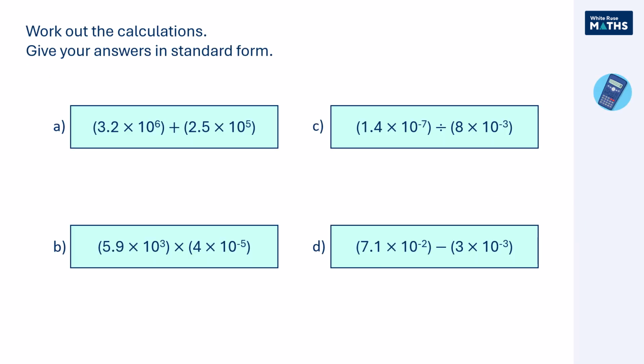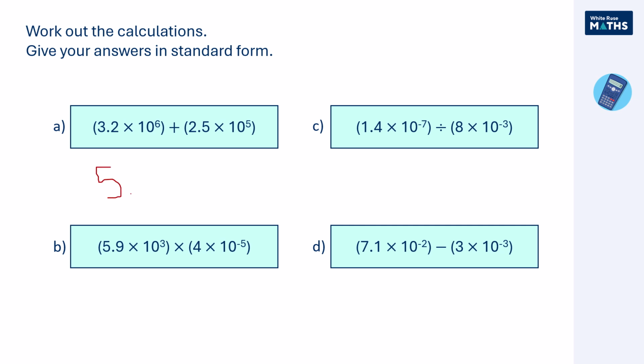Okay, right, next part. So using our calculator, what are we going to get? For the first one, we're going to have 3.2 times by 10 to the power of 6. Sorry, not times by, let's just delete that. Add, and then in brackets, 2.5 times 10 to the power of 6. Close brackets. So that's going to be 5,700,000.